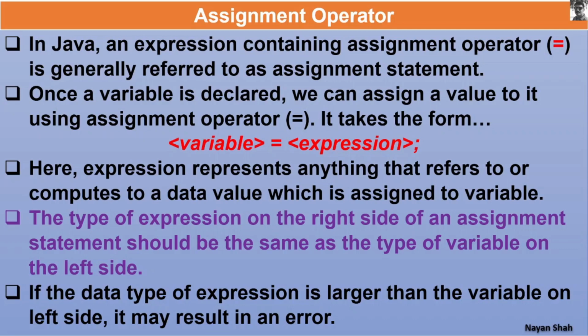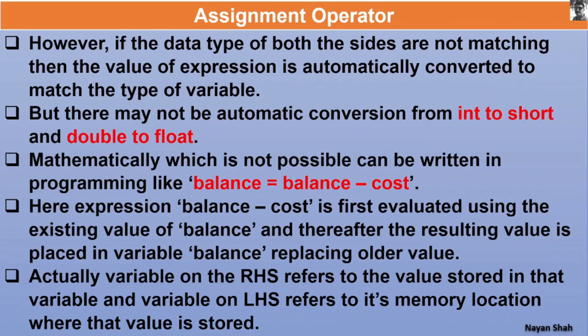Or if you try to assign a float value to an integer variable, it will generate an error, because we are trying to accommodate a bigger value in a smaller bag. It is something like, we are on a shopping trip where we want to buy so many things, and we have only one small plastic bag which is not capable enough to keep everything we are purchasing. So that is what the last statement says, it will generate an error.